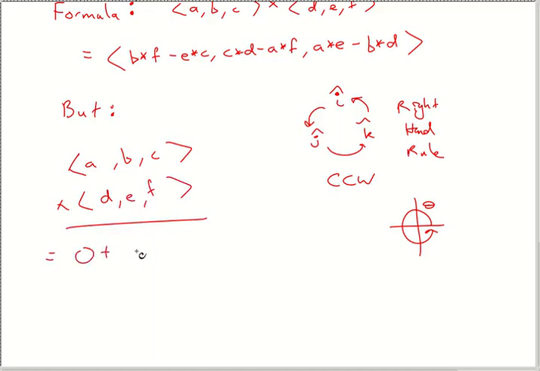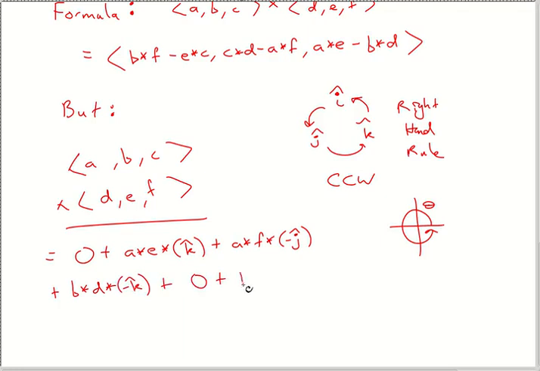First off, 0 plus A times E times K component plus A times F times negative J component plus B times D times a negative K component plus 0 plus B times F times my positive I component plus C times D times a positive J component plus C times E times a negative I component, and then plus 0.